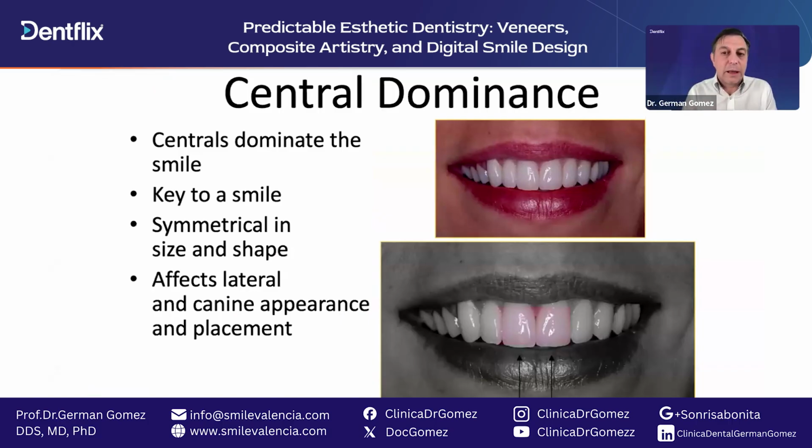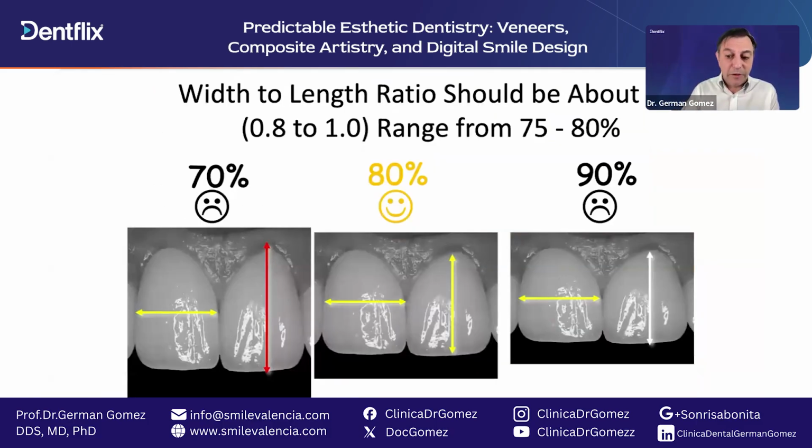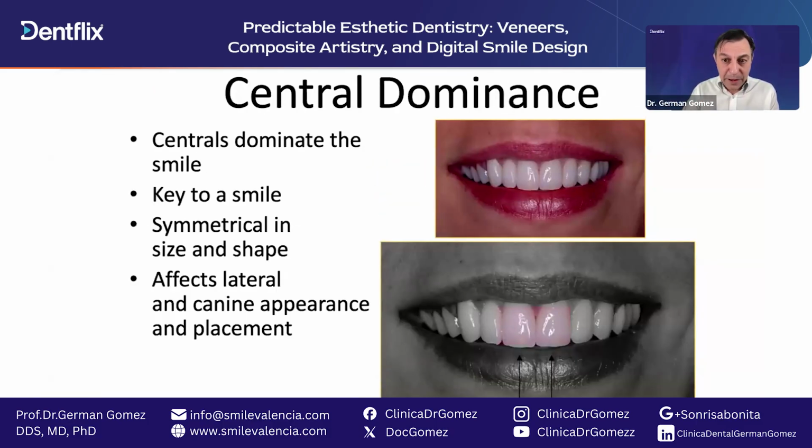Then we have to look at the central dominance. The central incisors are really the dominant ones, so they are the key to a smile. They have to have symmetrical size and shape and be dominant. That will affect the appearance and the placement of the canines and the laterals.